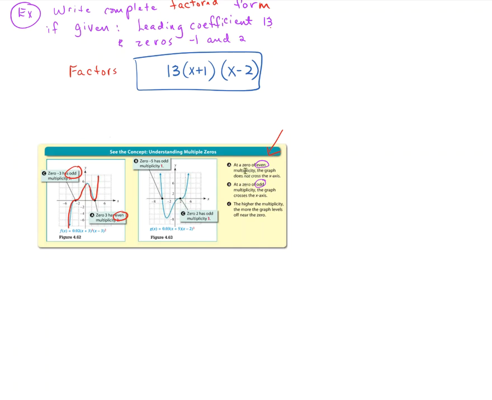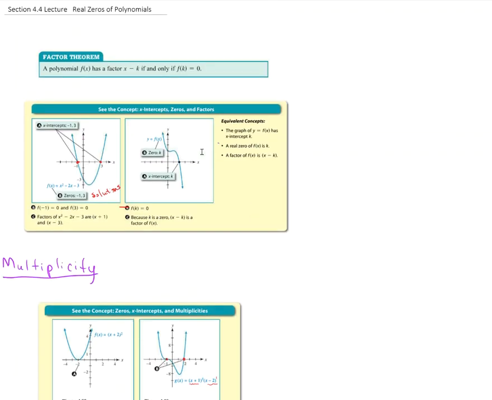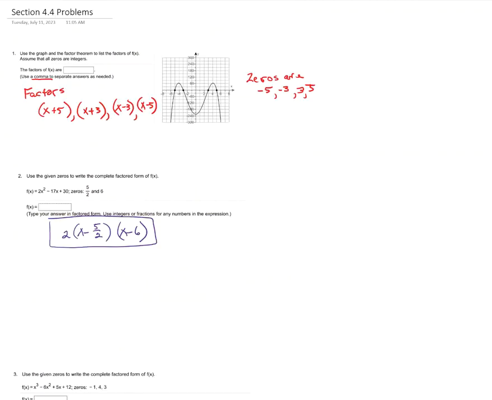So it just says at a 0 of even multiplicity, the graph does not cross the x-axis, like here. At a 0 of odd multiplicity, the graph does cross the x-axis. The higher the multiplicity, the more the graph levels off near the 0. So let's go look at the problems and see how we're going to address that.